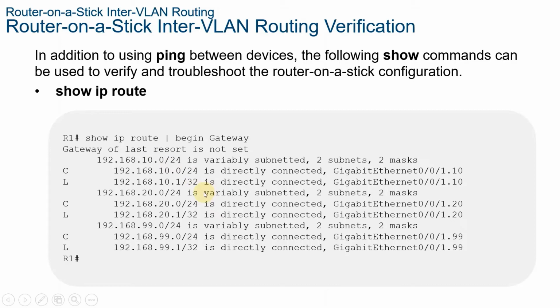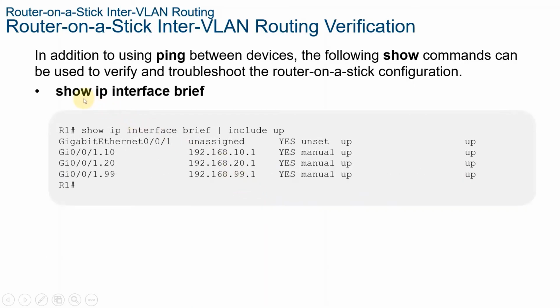Notice that there are three connected routes here denoted by C, meaning connected routes, and their respective exit interfaces for each routable VLAN. The output confirms that the correct subnets, VLANs, and subinterfaces are active.